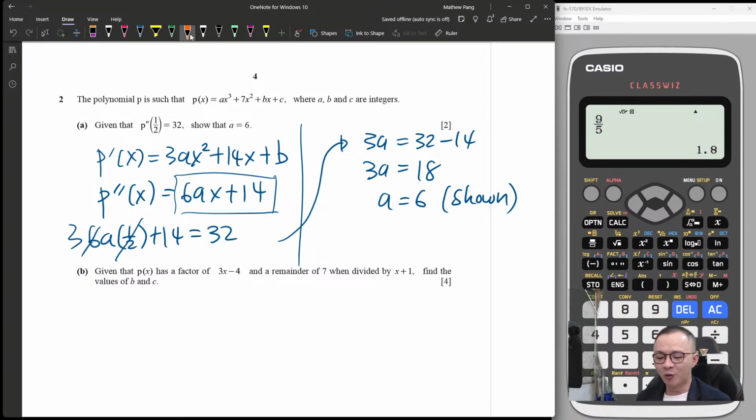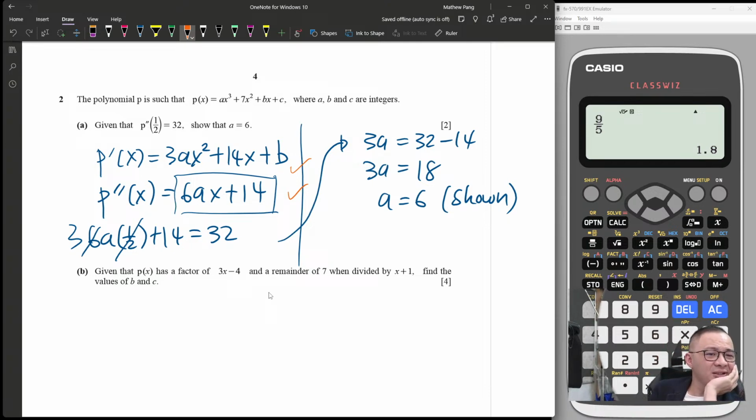I believe it is for attempting to differentiate twice. Even if you differentiate wrong, they will also give you the 1 mark. Then you need to substitute 1/2 into it. And then I believe another 1 mark is for the answer. Another 1 mark, yeah.